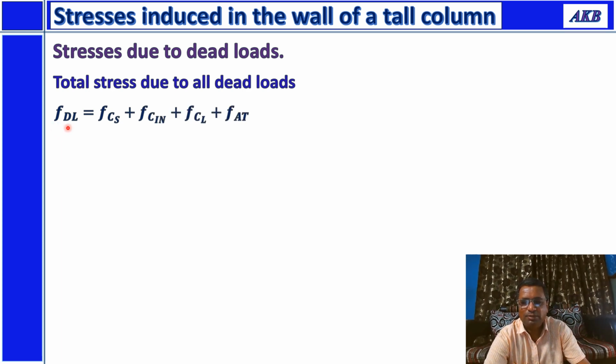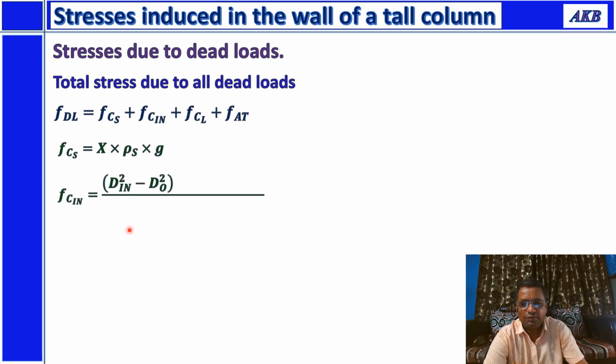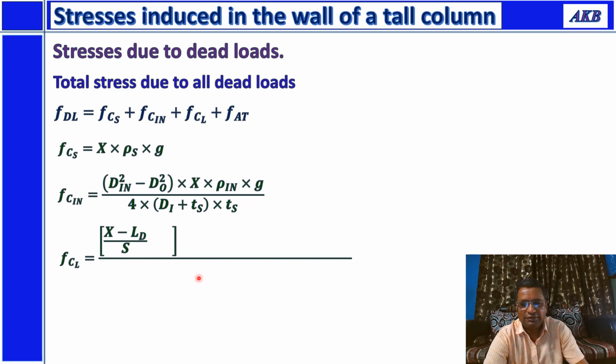So FDL will be equal to FCS, stress due to weight of the shell, plus FCIN, stress due to weight of the insulation, plus FCL, stress due to the weight of the liquid, plus FCAT, stress due to weight of the attachments. Okay. So FCS, you have this equation. I have already shown this equation. Then FCIN is given by this equation. FCL is given by this equation.